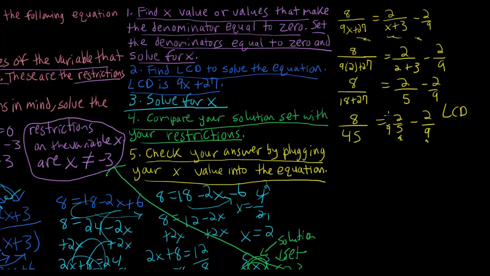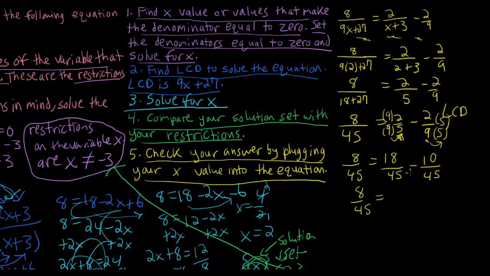To get that, you multiply this side by 9, multiply this side by 5, and you have 8 over 45 equals 9 times 2 is 18 over 45, and then minus 2 times 5, which is 10. 9 times 5 is 45, and 8 over 45 equals 18 over 45 minus 10 over 45.